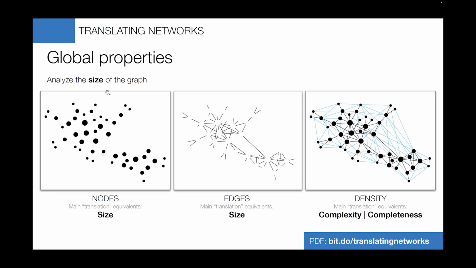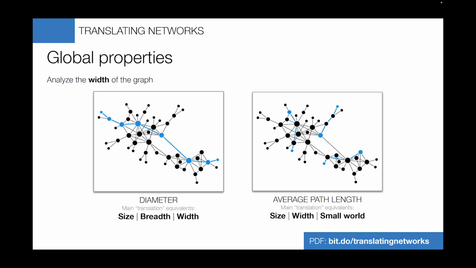So, for example, if you want to analyze the size of the graph, you could count the number of nodes, the number of edges, but you could also look at the density. The density is a metric you will find in, for example, Gephi. It will give you a number, but you can interpret it as complexity or completeness of the network. So those would be global properties.